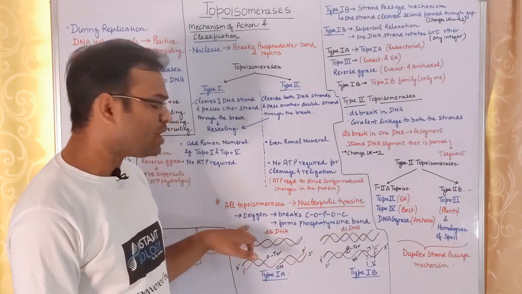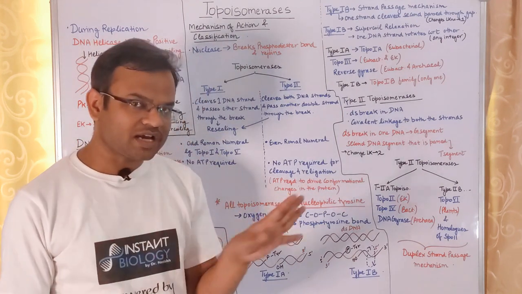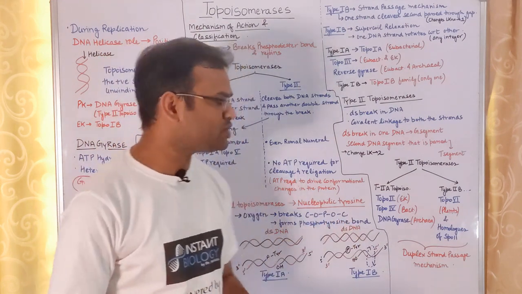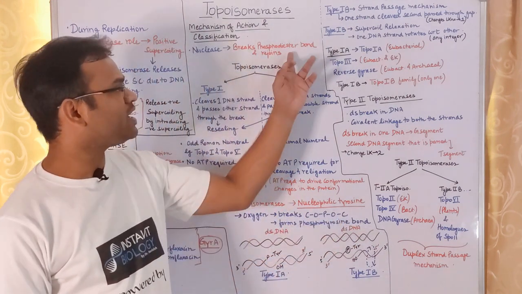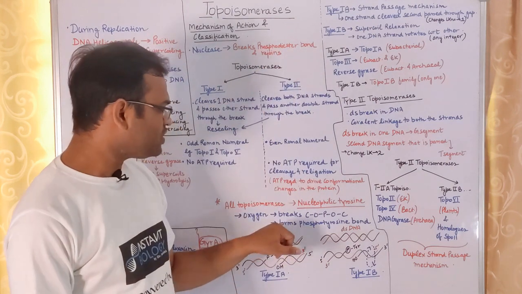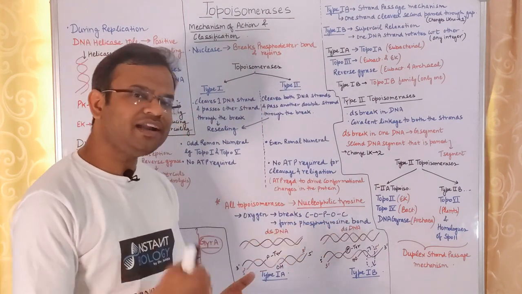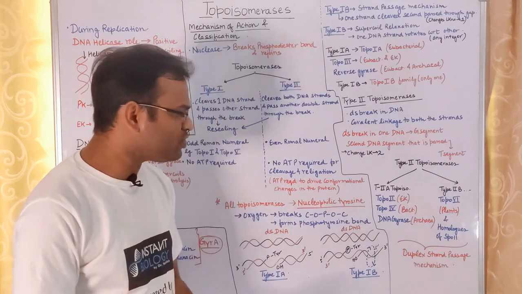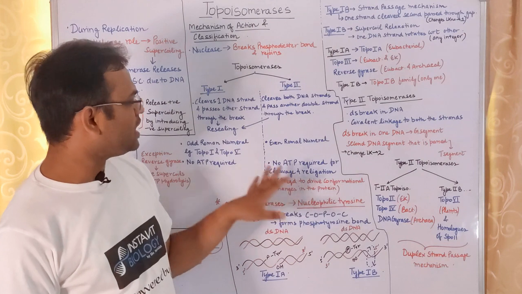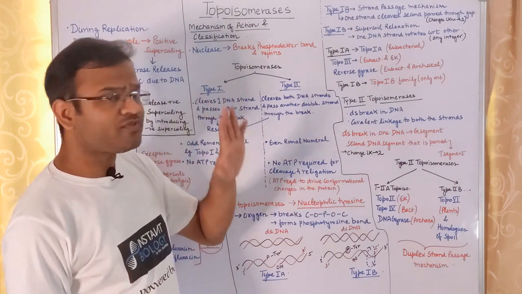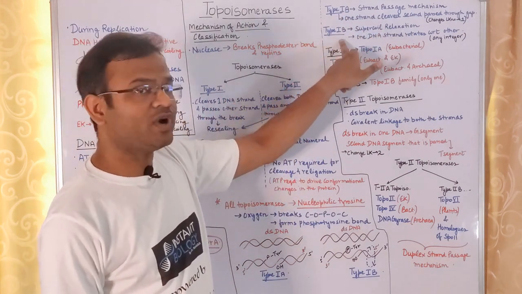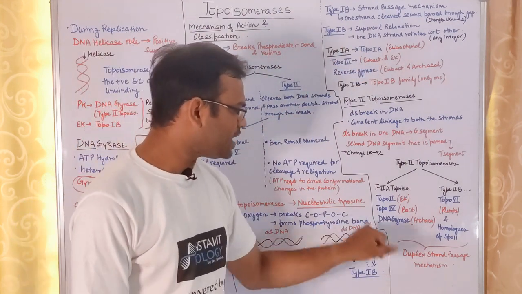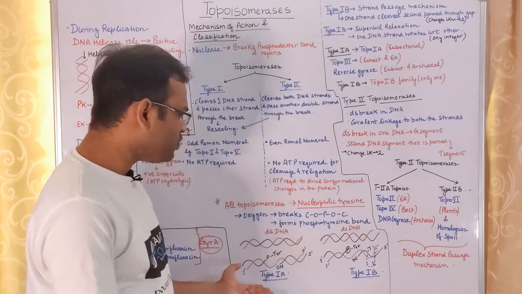Now the oxygen of the tyrosine, the OH group, will break the phosphodiester bond that we have talked about over here, and create a phosphotyrosine bond. Let me explain how a phosphotyrosine bond is created. Type 1 topoisomerase is of two types, type 1A and type 1B. I have explained the functionality of type 1A over here and type 1B over here. So what does type 1A do?